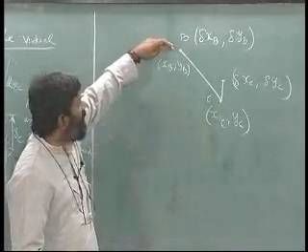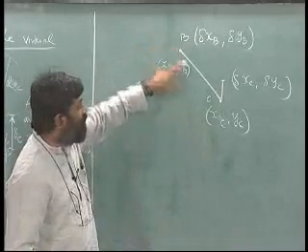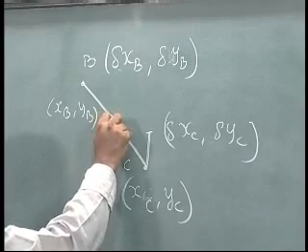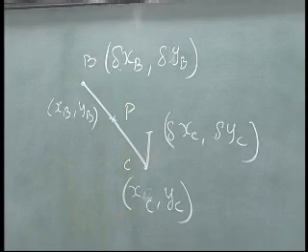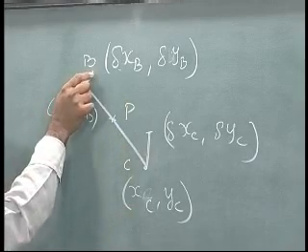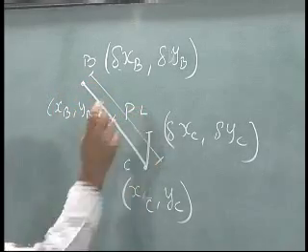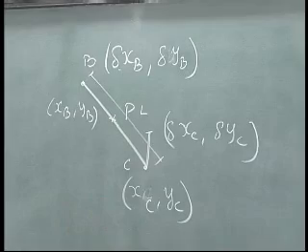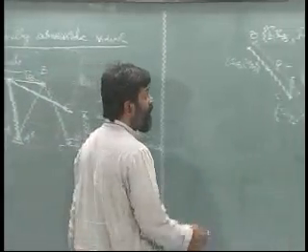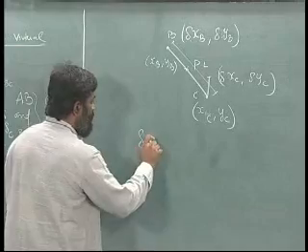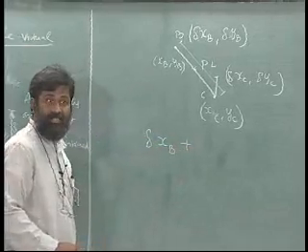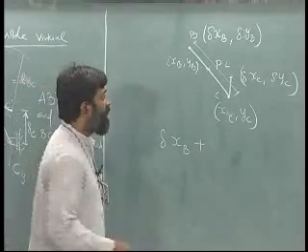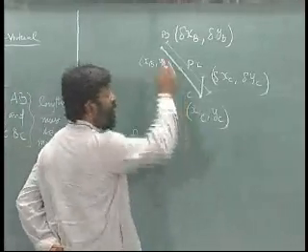For example, if I take this as anchor and wish to find out the displacement at the midpoint, let us say this length is L. Then it is simply delta xb, and I have to add the appropriate difference.